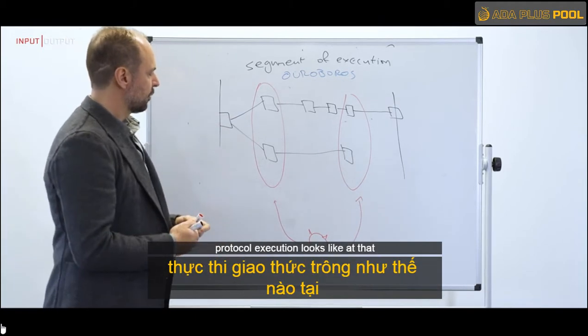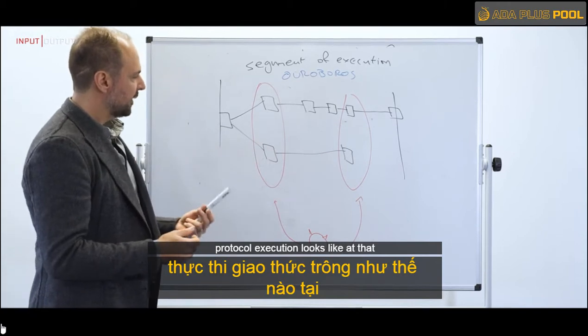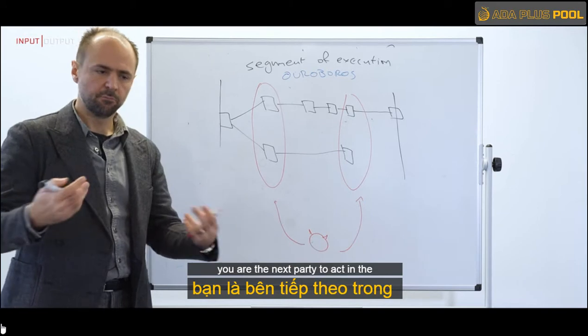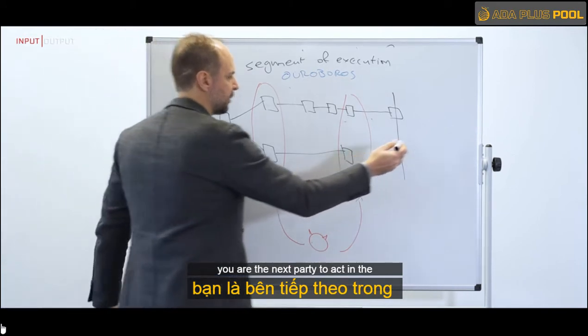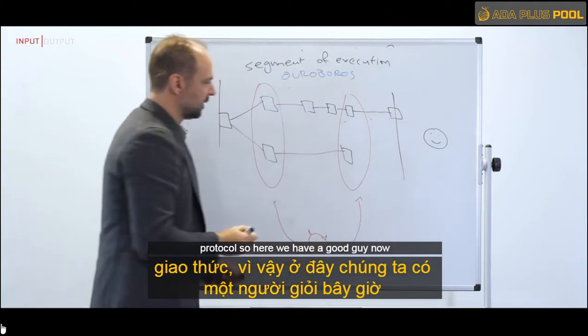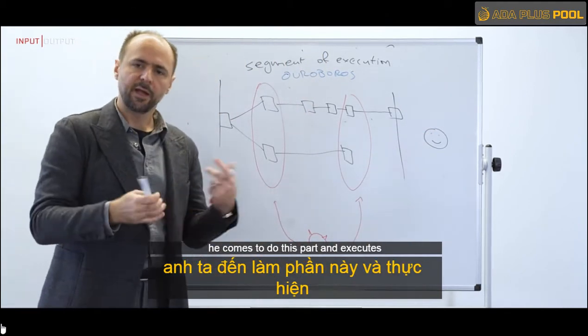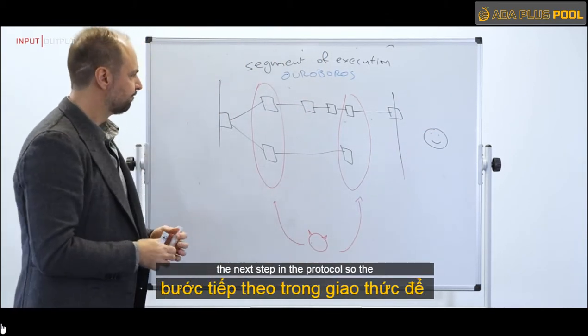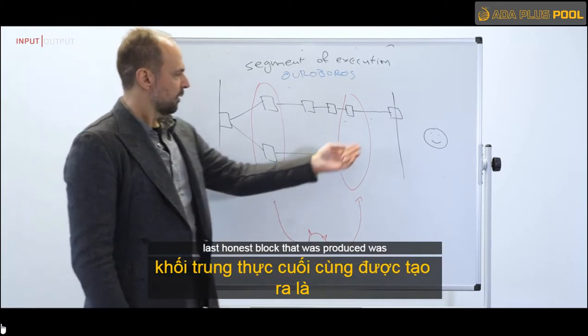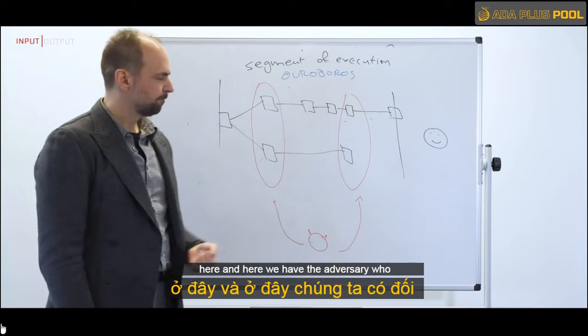And so this is how the protocol execution looks. At that particular moment, you can imagine that you are the next party to act in the protocol. So here we have a good guy who comes to do his part and execute the next step in the protocol. The last honest block that was produced was here.